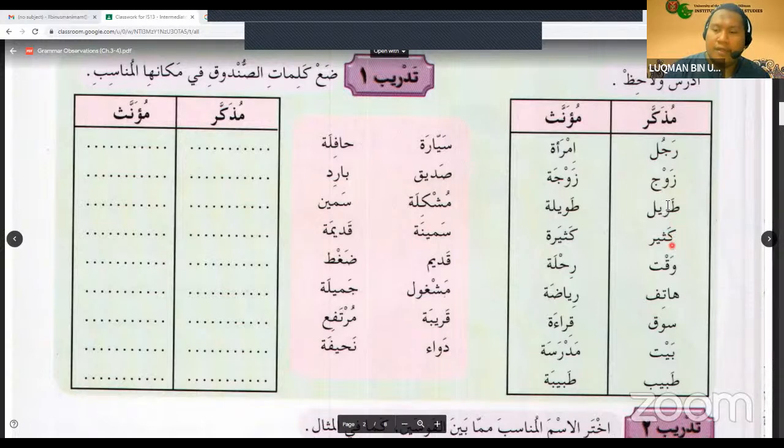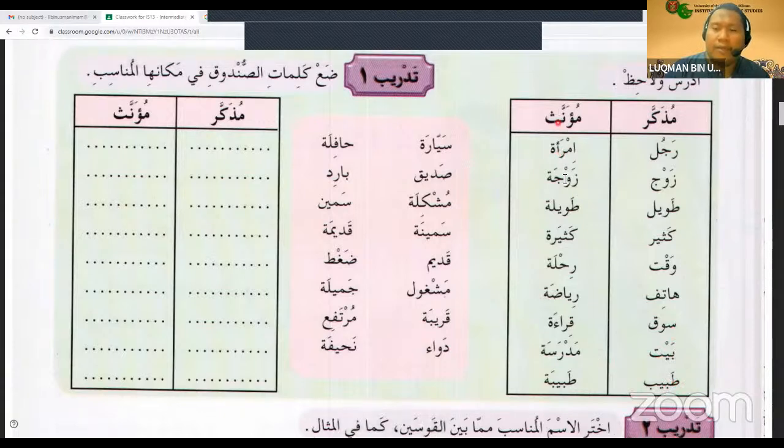These, tawil and kathir, are masculine adjectives. You just add ta marbuta for it to become an adjective in feminine form. Waqatun, time. Hatifon, phone. Suq, market. Bayton, house. Tabibun, male doctor.